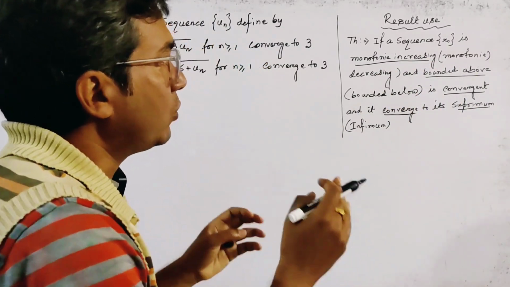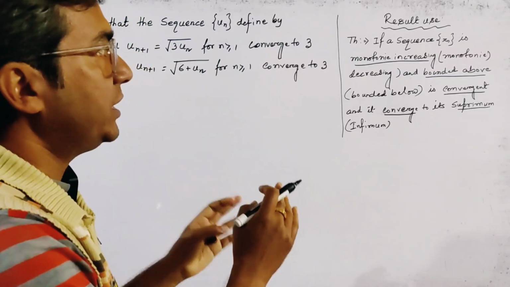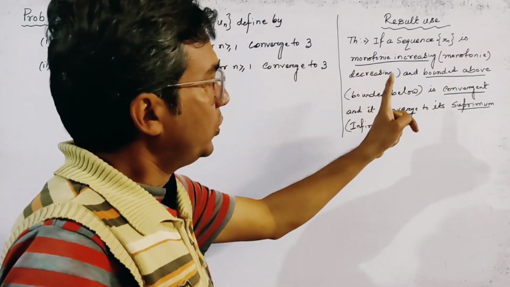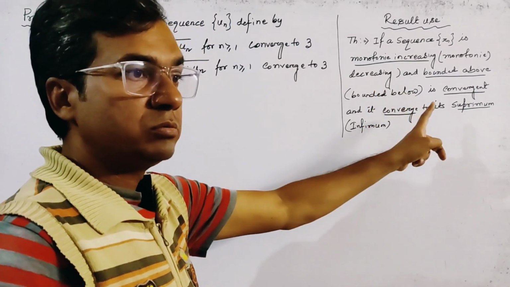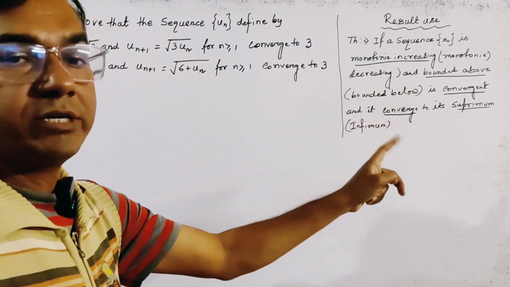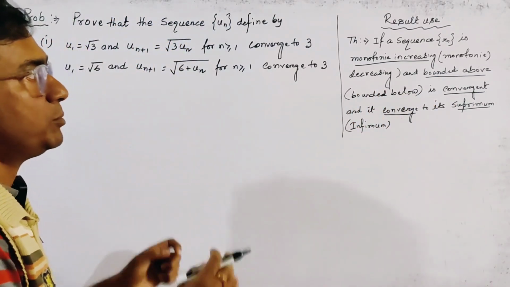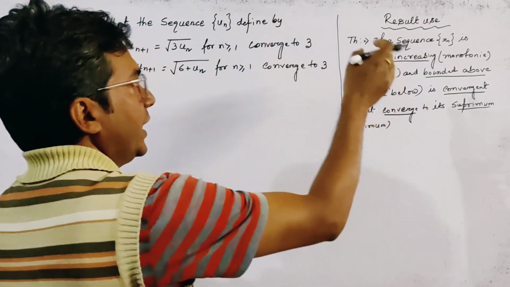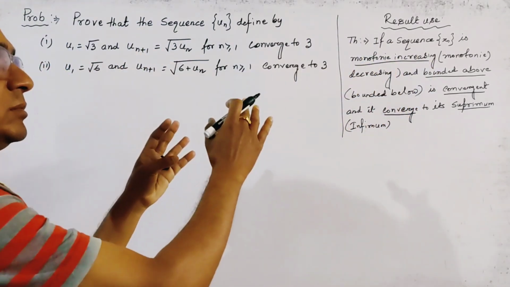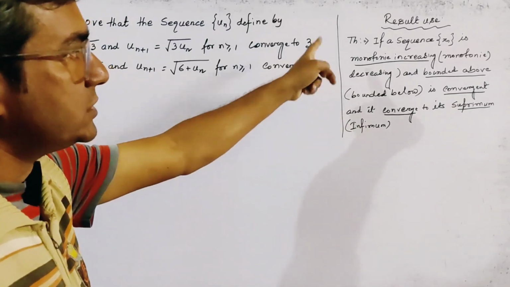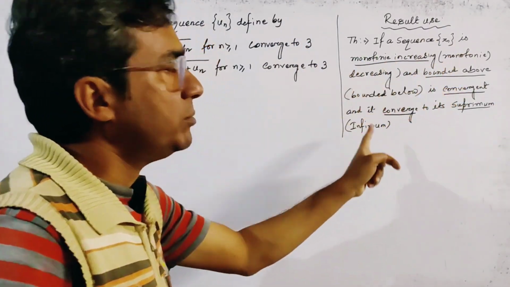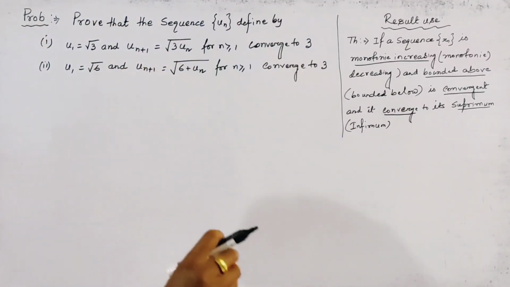On the other side, if it is monotonic decreasing and bounded below, then it converges to its infimum. Same type of theorem but opposite. We write in brackets: monotonic increasing, bounded above, converges to its supremum. Monotonic decreasing, bounded below, converges to its infimum.